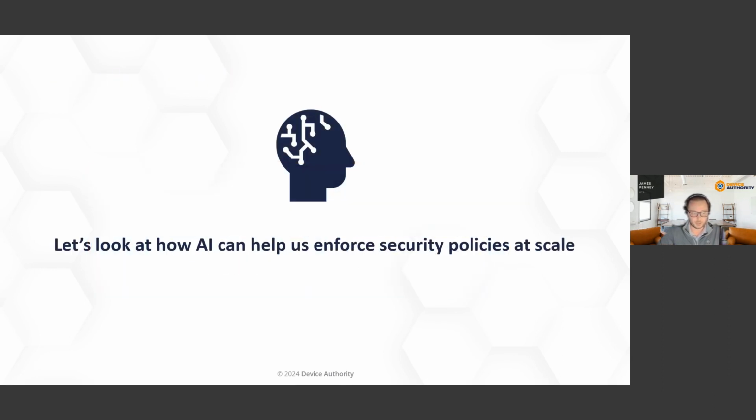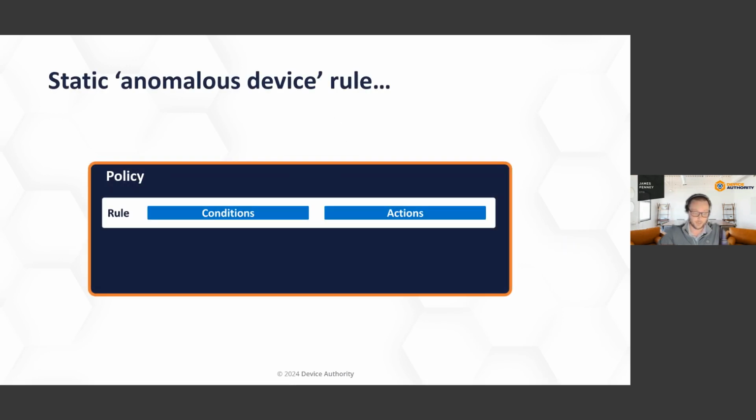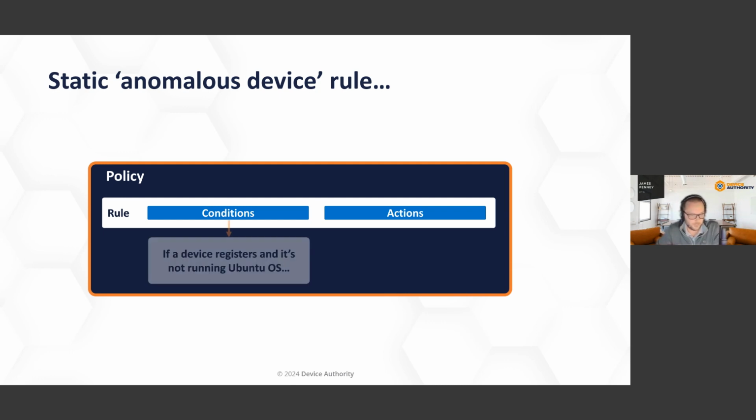But if we take a look at how AI can help us enforce these, but also help us configure these at that scale, we'll take a look at what I'll call a static anomalous device rule. What I've done here is taken a typical feature of KeyScaler AI, and I've tried to present it in a way that, yes, I could probably define this statically, but you'll see how this doesn't scale.